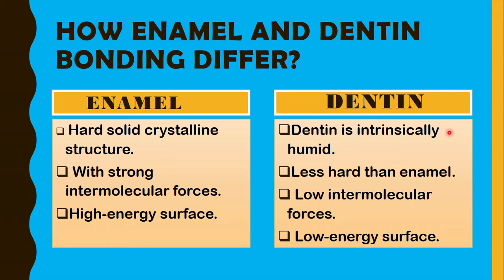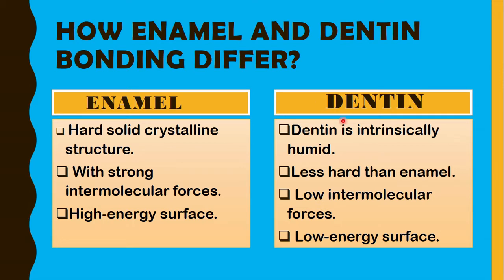So that makes dentin more hydrophilic than enamel, because of which the bonding is more difficult in the case of dentin. In dentin, we have the dentinal tubule as the obvious pore available for resin penetration.